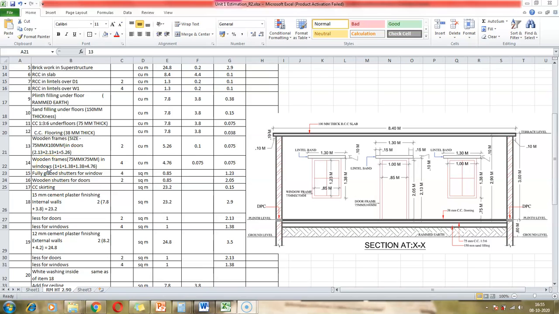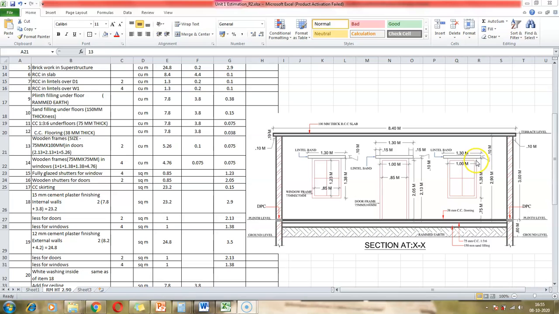Now we are going to look at the wooden frame in the windows. It's specified that the wooden frame in windows is 75 mm by 75 mm, and for this we first find the total length of the wooden frame. So let's look at this window.